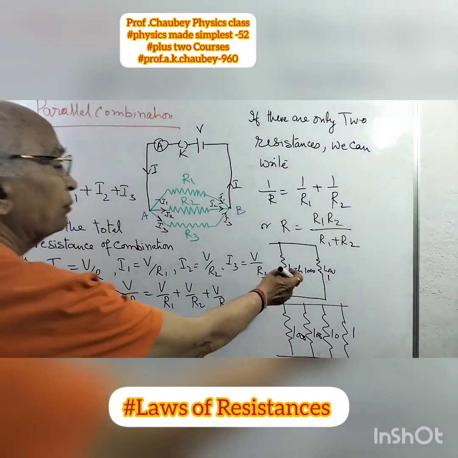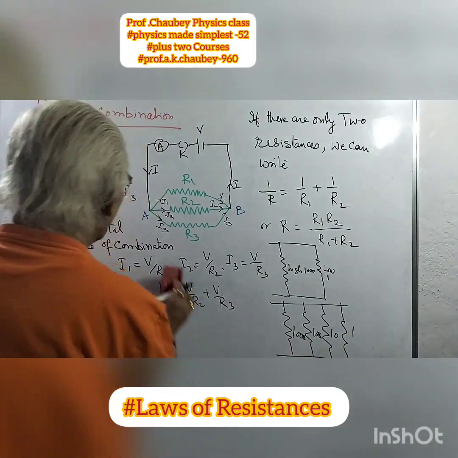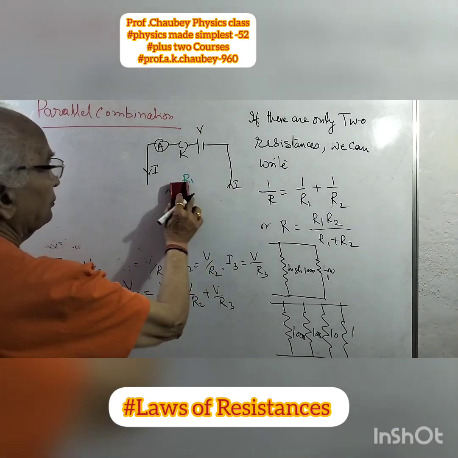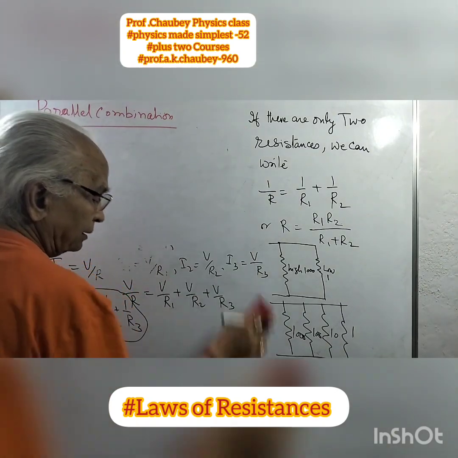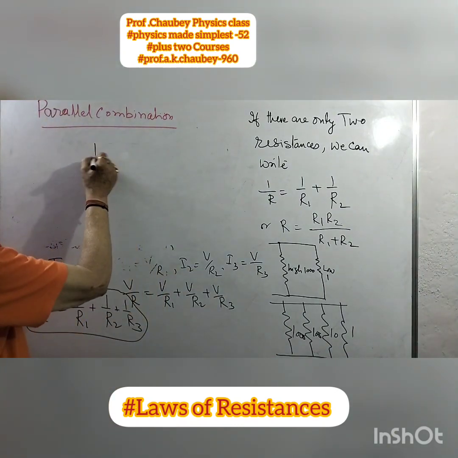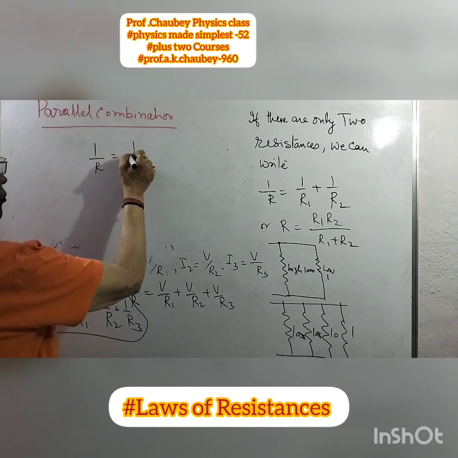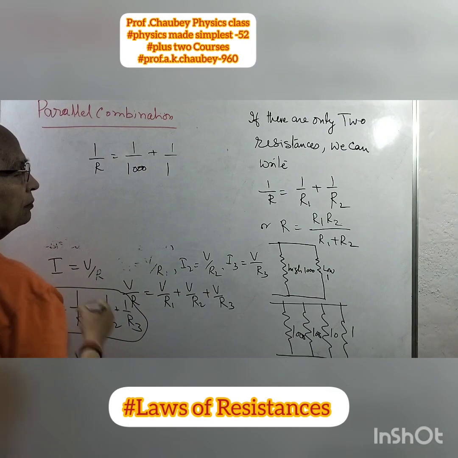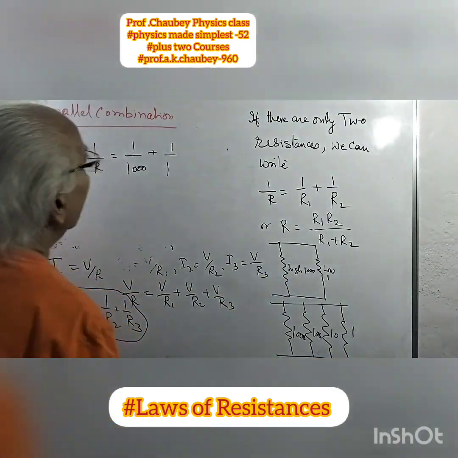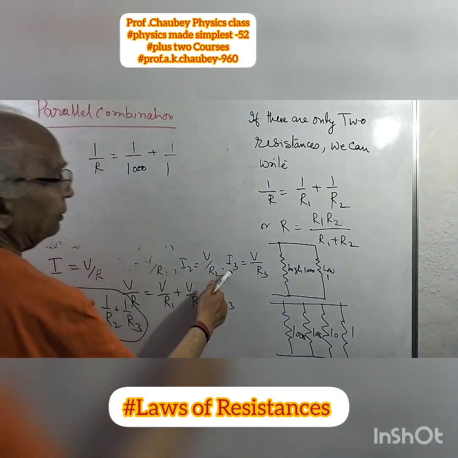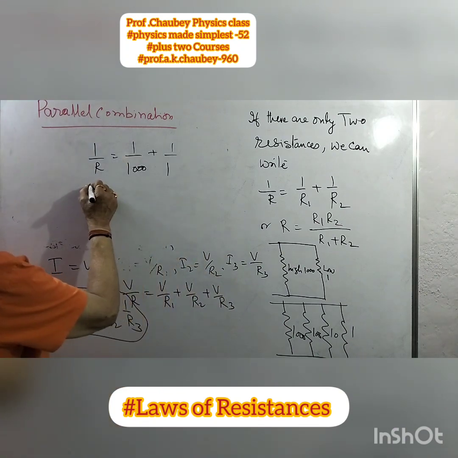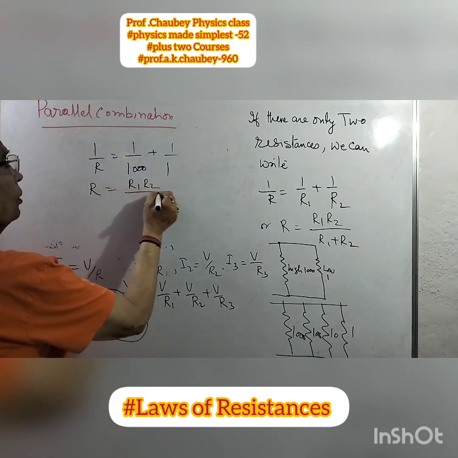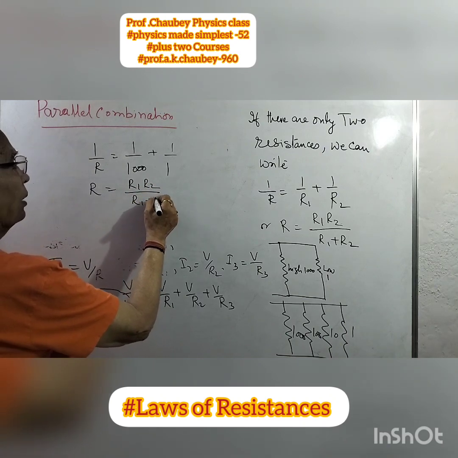You can have an example of this. When you have two resistances, say 1000 and 1, what is the resultant? 1 over R is equal to 1 over 1000 plus 1 over 1. R will be R1 R2 over R1 plus R2.